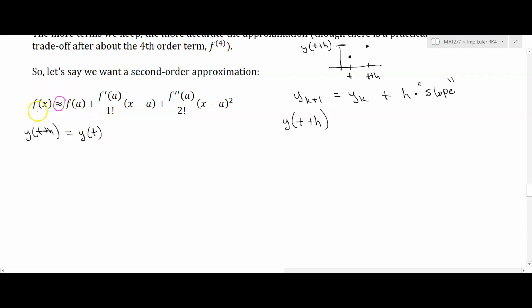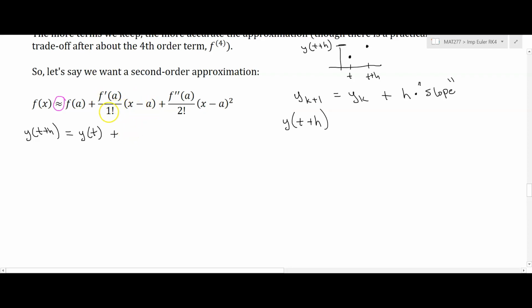F of x is the actual function. F of a is the function evaluated at the current point. So I'm going to kind of write this with a little bit of justification here because it does require some limit thinking. But x minus a, this is going to be an accurate approximation if this quantity here is infinitesimally small, and we often call that h.